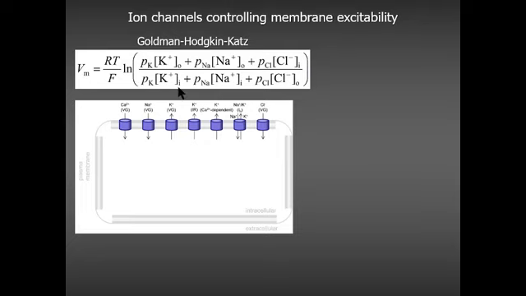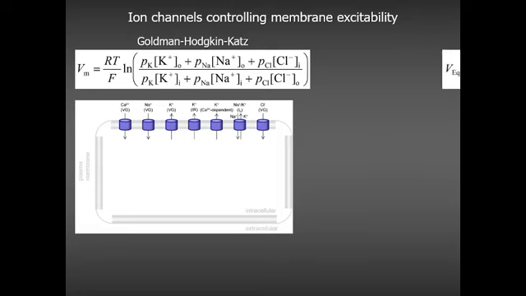So now you can see from this expression that when one of the ions has more permeability than the others, then this particular term, let's say for potassium, is going to be dominant.